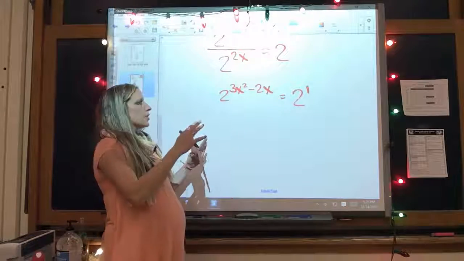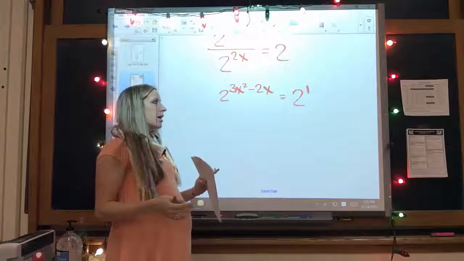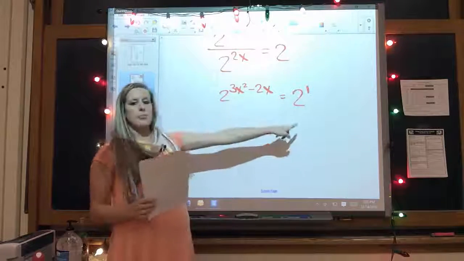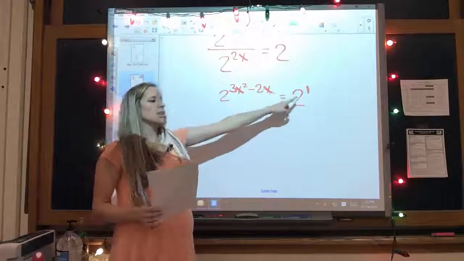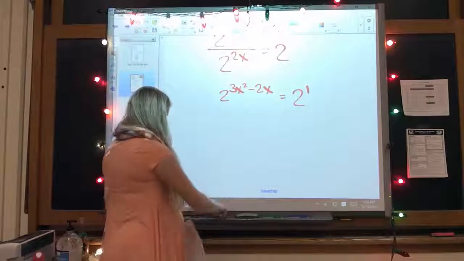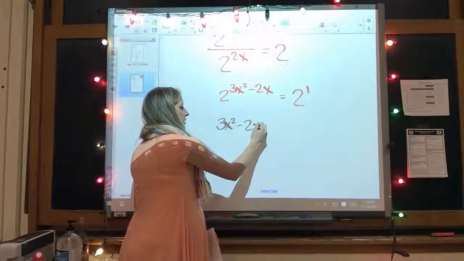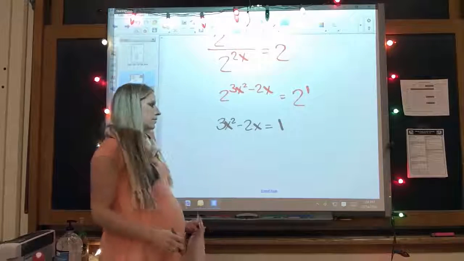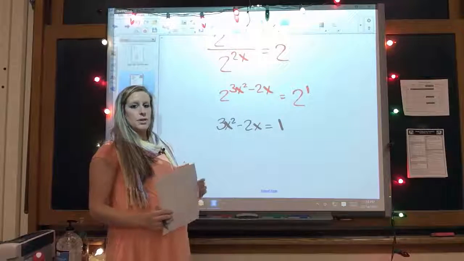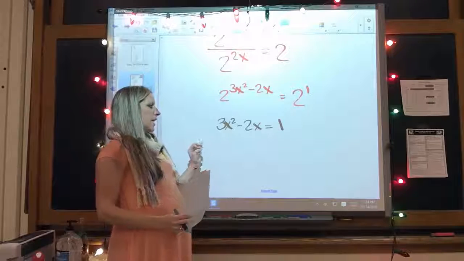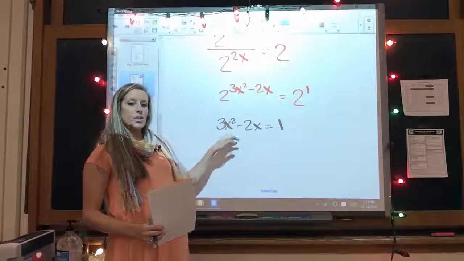Alright, so now that we've condensed it, we have the same base. Our exponents are going to be equal to each other. So 3x squared minus 2x equals 1. And we're going to solve for x. Okay, so do you see how this is quadratic?